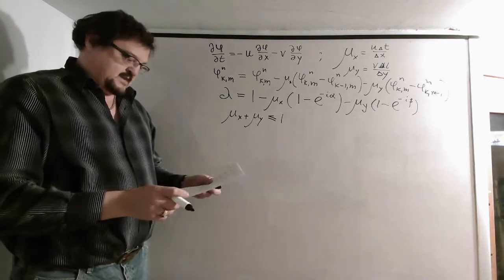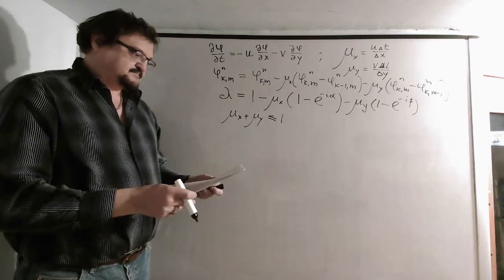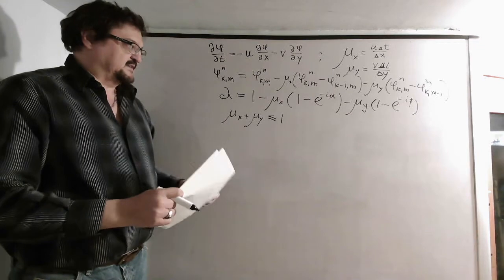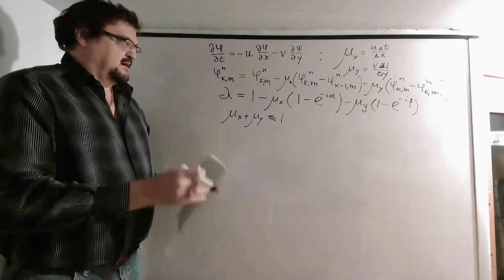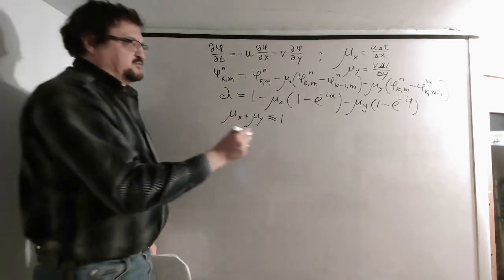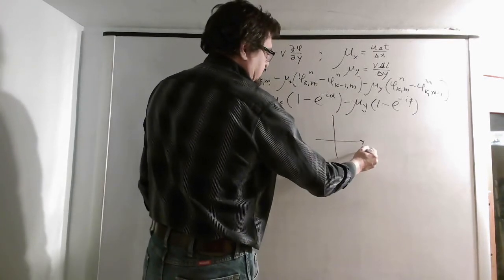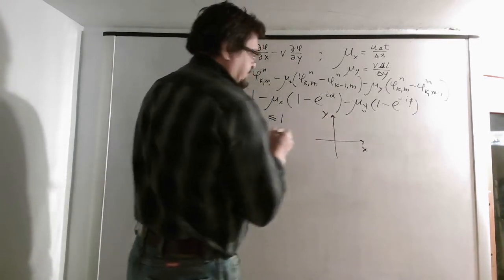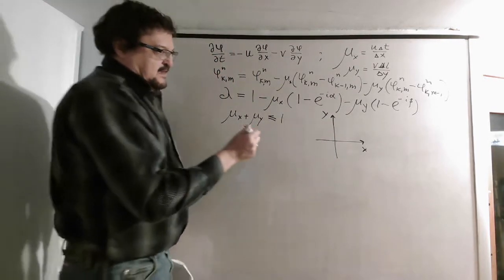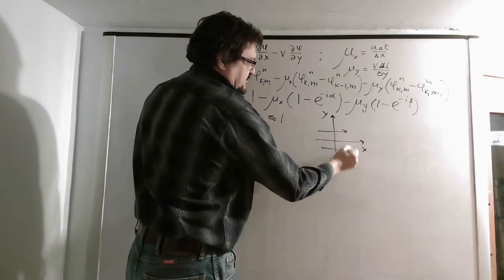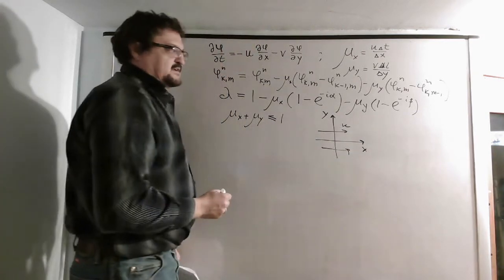So let's see what it means when, for example, you have two-dimensional flow, in x and y. Let's say that it's all along x, so your u's look like this.